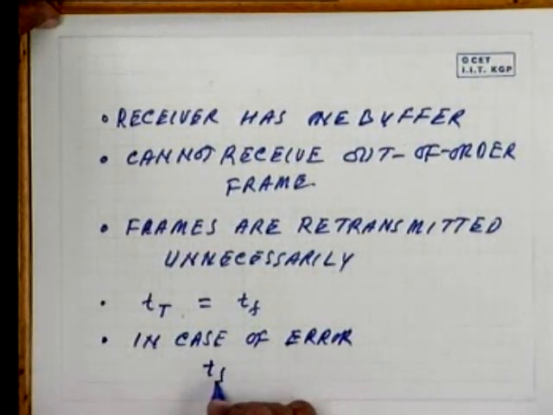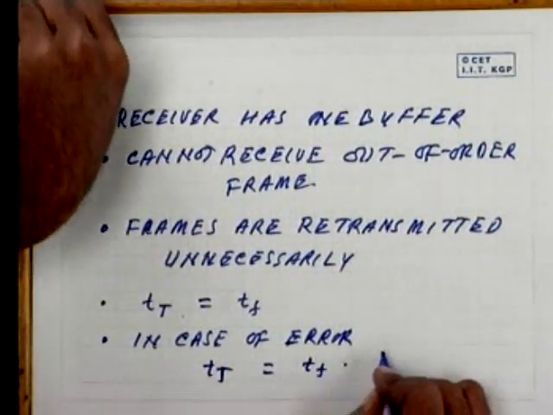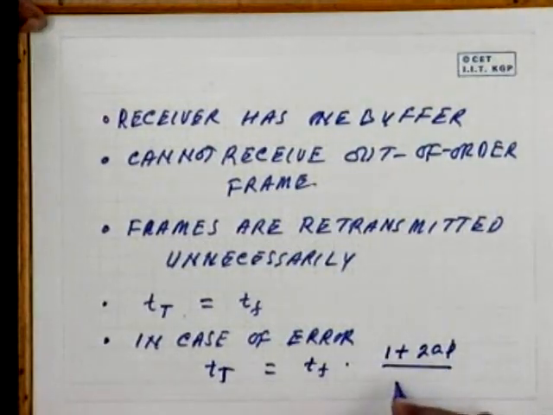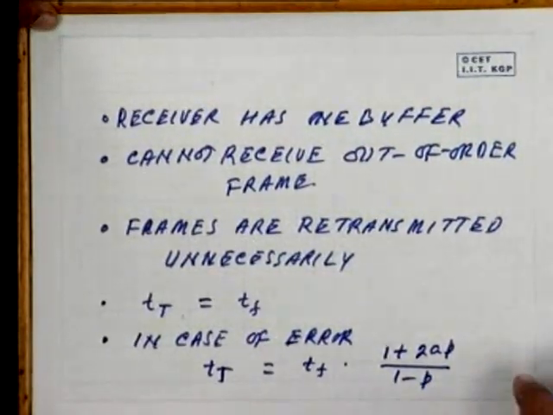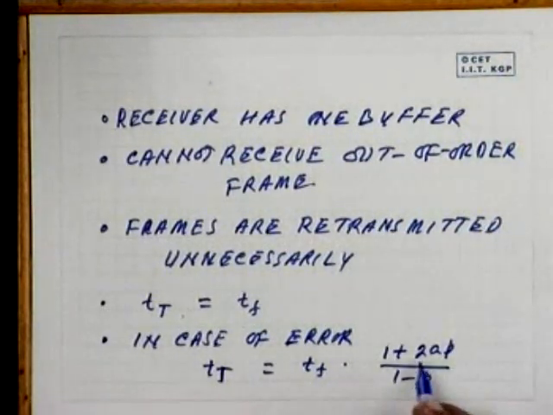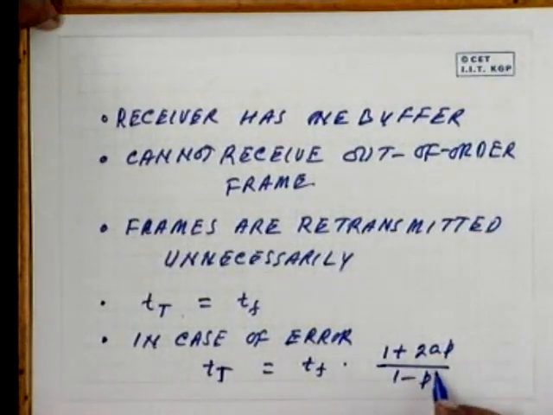this TT is equal to TF into (1 plus 2AP) by (1 minus P). Here we see that there is a significant change because of the probability of error.